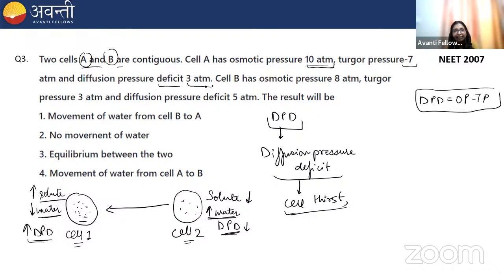But I'll tell you a trick. You don't have to look at the osmotic pressure or the turgor pressure. Just look at the DPD, because as I told you, the movement of water is from low DPD to high DPD. So cell A has a DPD of 3 atm. Cell B, DPD is 5.